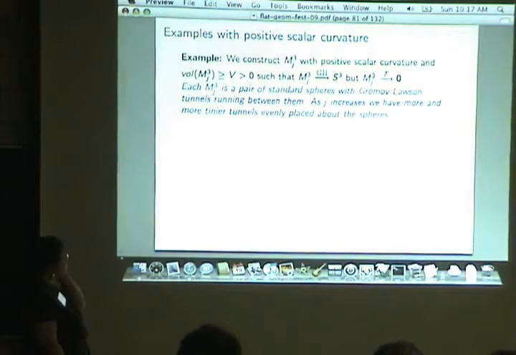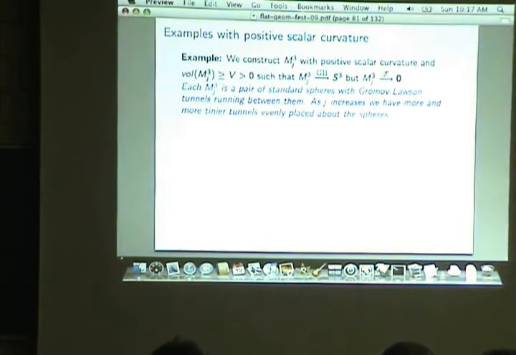You can construct three-dimensional manifolds with positive scalar curvature. Take a three-sphere with constant sectional curvature, and a second three-sphere with constant sectional curvature. Now we bring them close by putting all these little Gromov-Lawson tubes between them. Those are like little black holes running between the two three-spheres. You make as many as you want to make the three-spheres get closer and closer. The limit will cancel and be zero.